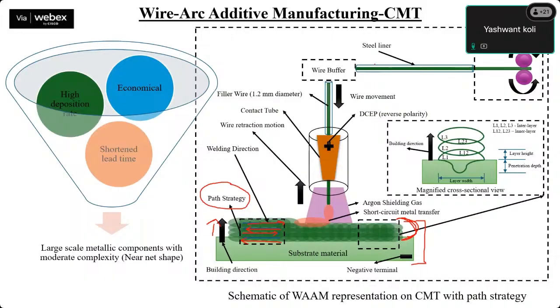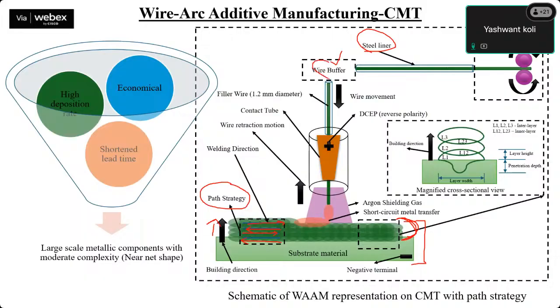Wire movement is this. The steel liner is connected. Basically, if we use hard material steel wires, then we use a steel liner. Otherwise, if we are using softer materials for fabrication of a WAM component, such as aluminium or magnesium, then a Teflon liner is needed. So these liners have to be changed according to the material. This is the wire feeder. This is the wire buffer.